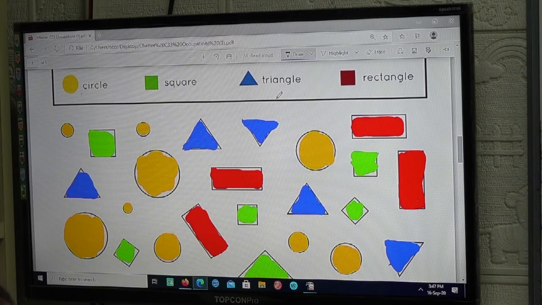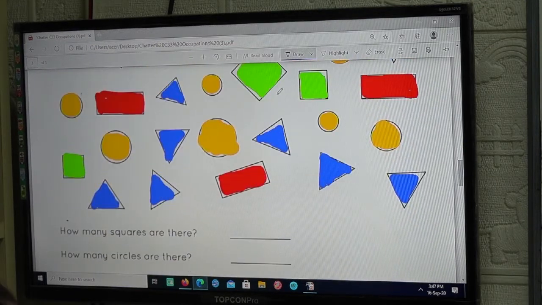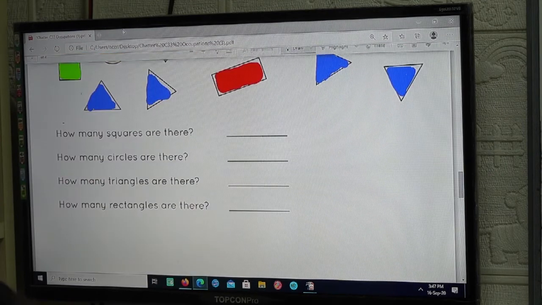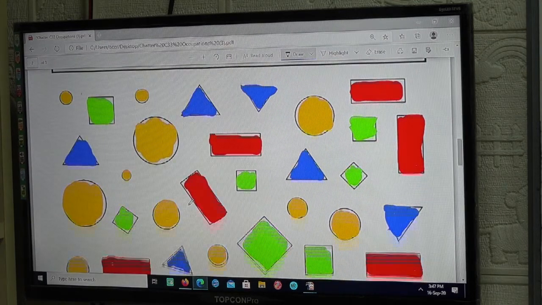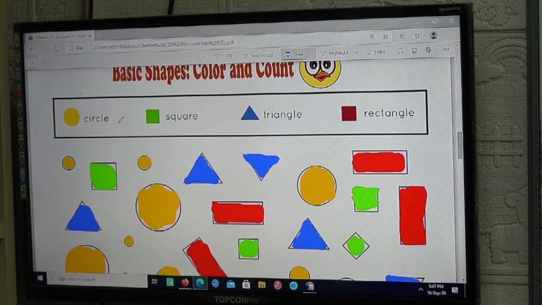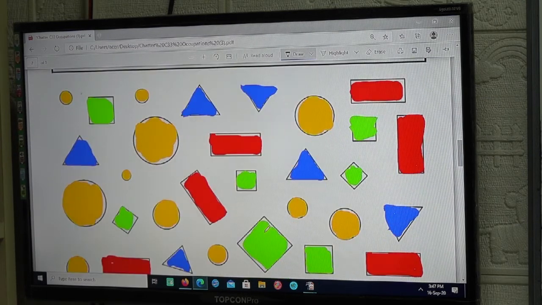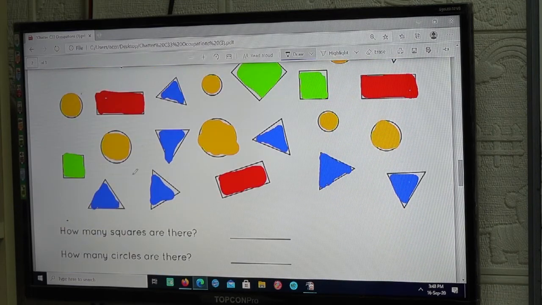After that, please grab your pencils because we need to count all of the shapes and write the correct numbers here. So the first question here is, how many squares are there? Let's count. Squares are in green. 1, 2, 3, 4, 5, 6, 7, 8.